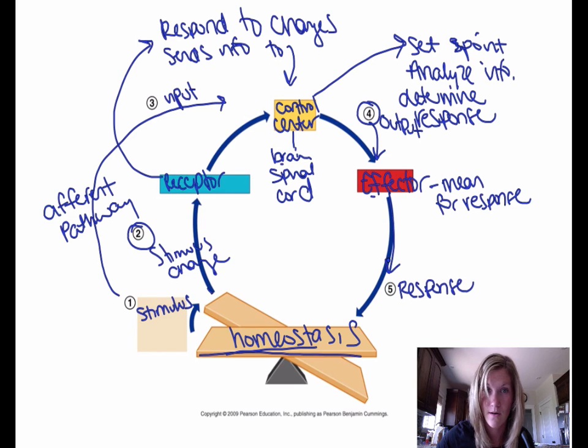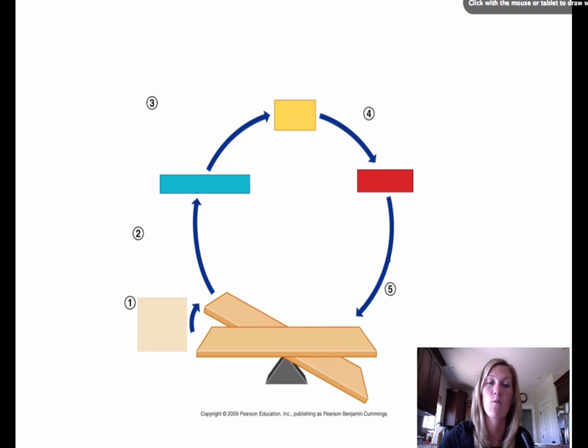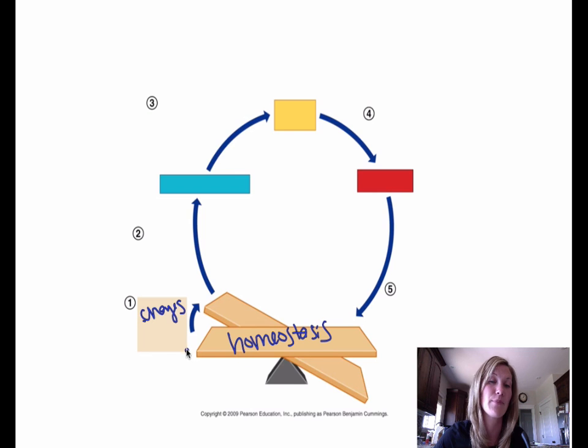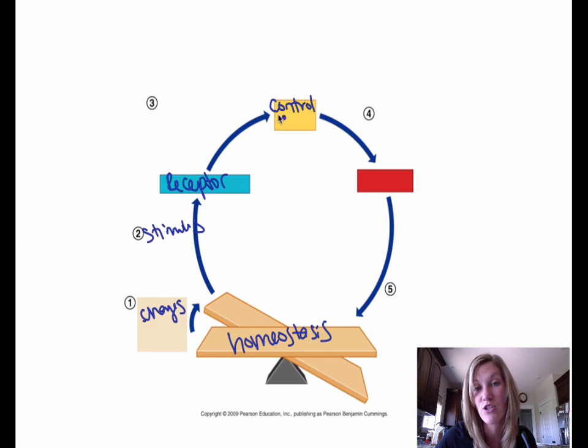Let's see here. So just really quick, one more time. This is going to be homeostasis. If a change or a stimulus occurs, maybe the temperature of the room changes, the stimulus is going to go directly to a receptor. If the room is getting cold, the receptor is going to be your skin, which is going to feel cold. From there, that message is going to be sent to the control center.